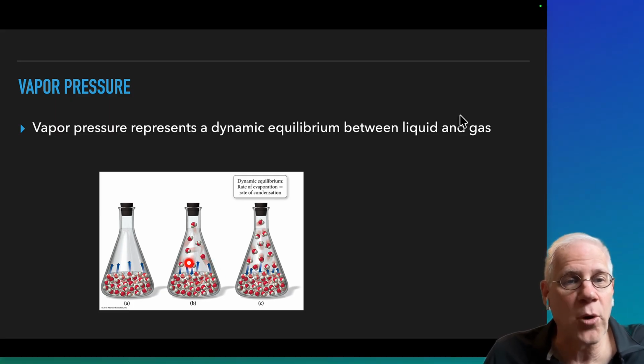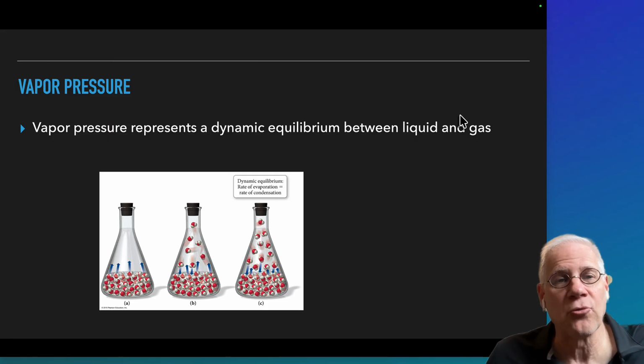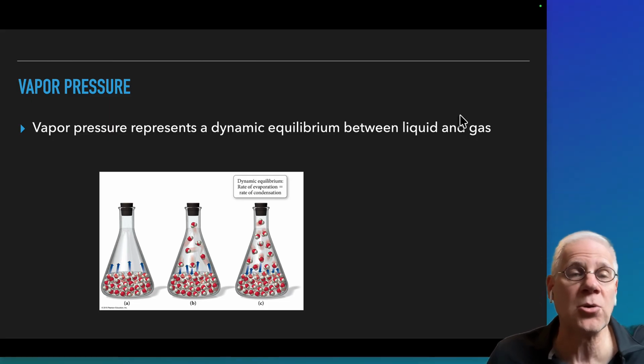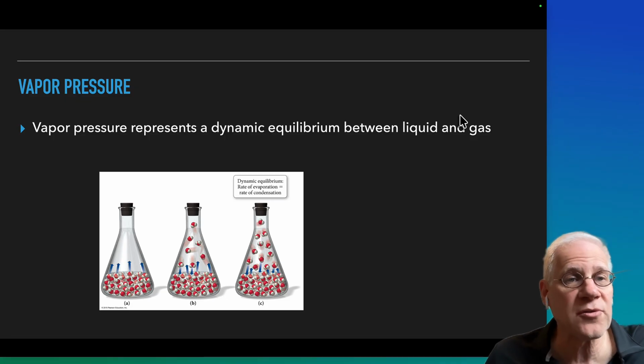But then we still have more coming off here. Eventually, you have the exact same number, and you can count the arrows here. We have 3 molecules coming off the surface, 3 molecules coming down out of the vapor, and so we create that dynamic equilibrium. So the rate of evaporation becomes equal to the rate of condensation at that equilibrium. So once that system has reached equilibrium, you do still have vapor pressure, and it's unchanging.